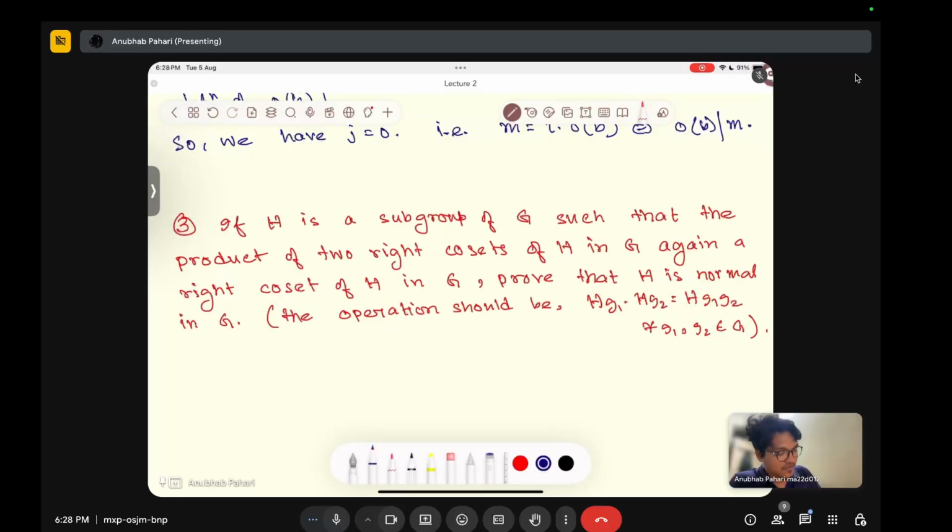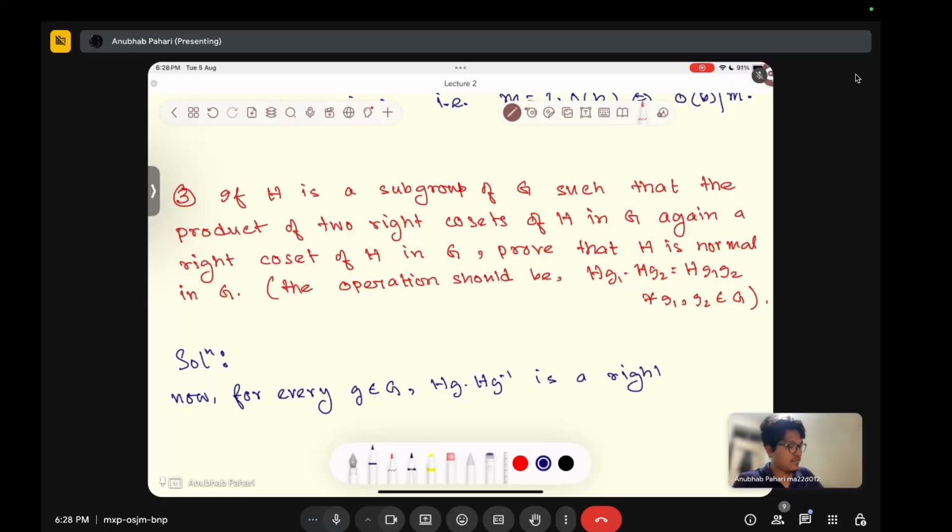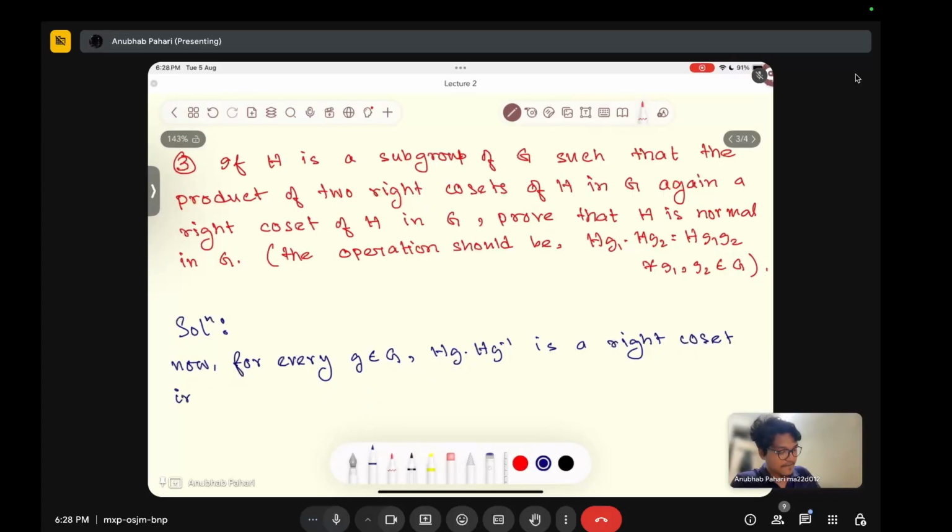So let's do this solution. Now for every g belonging to G, Hg of Hg inverse is a right coset in G by our assumption.